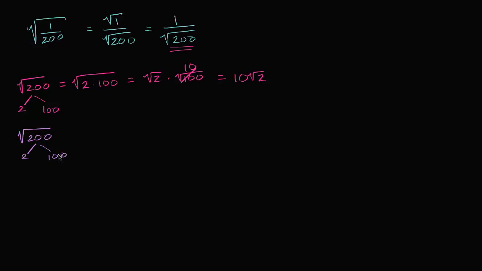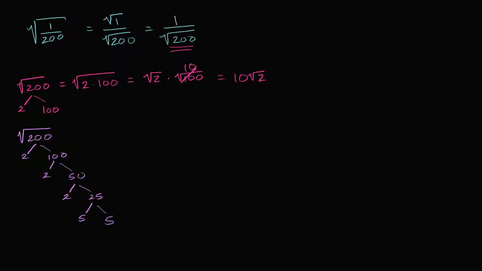And if 100 didn't jump out at you as a perfect square, you could say that's just going to be 2 times 50. Well, I can still divide 2 into that. That's 2 times 25. And if 25 doesn't jump out at you as a perfect square, you could say, well, that's not divisible by 2, 3, or 4, but it is divisible by 5. That is 5 times 5.